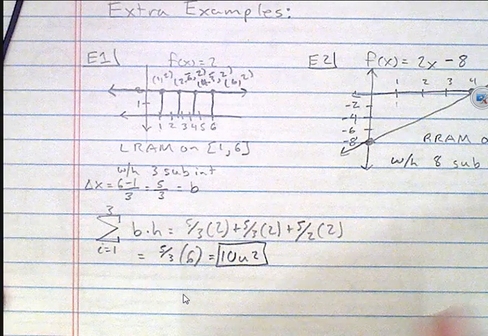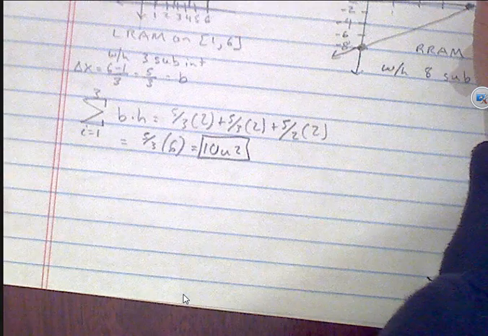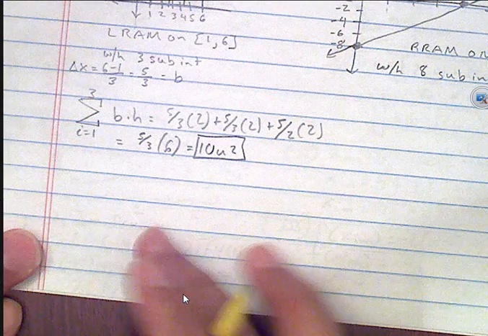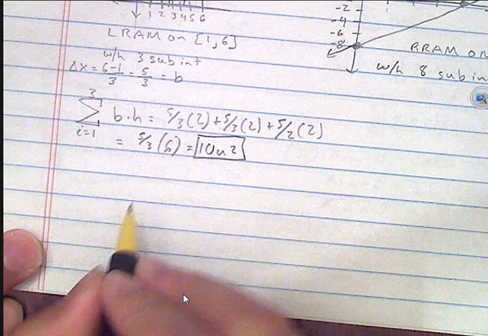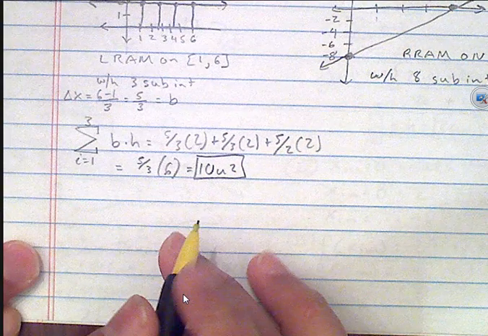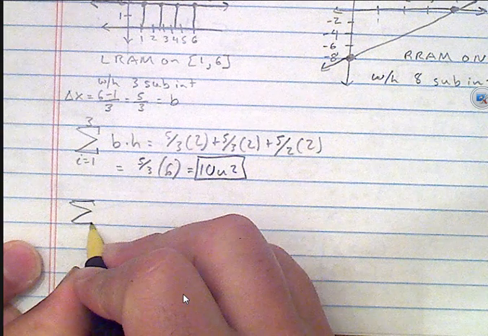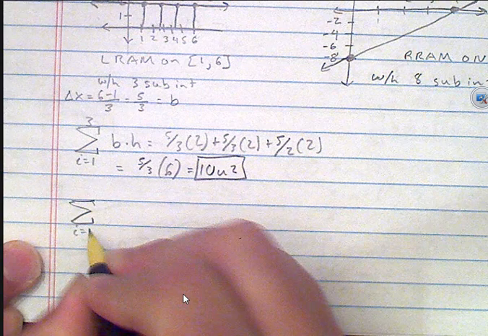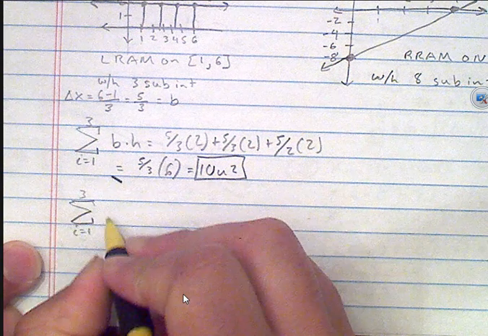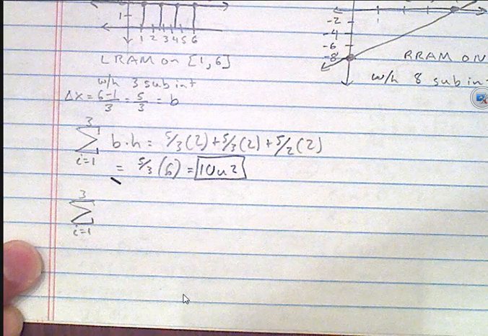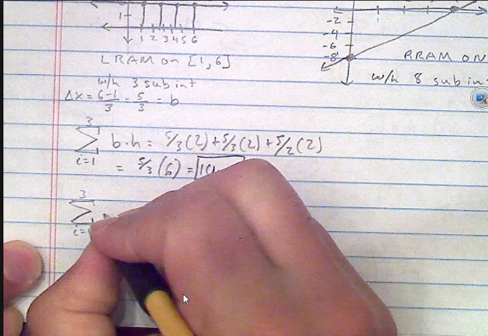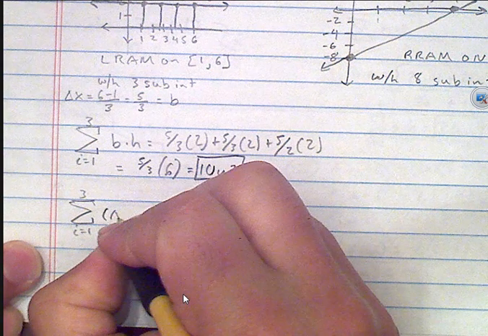Now, when you're doing this the hard way, it's really insignificant to do it the hard way. I equals 1 to 3, right? Delta x.